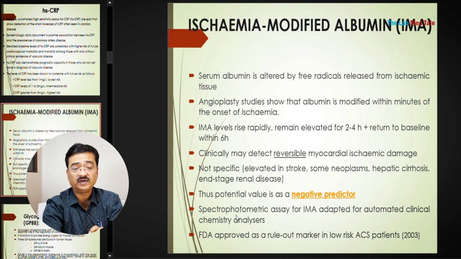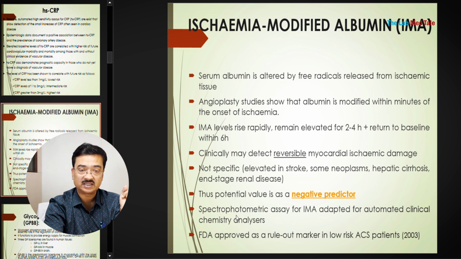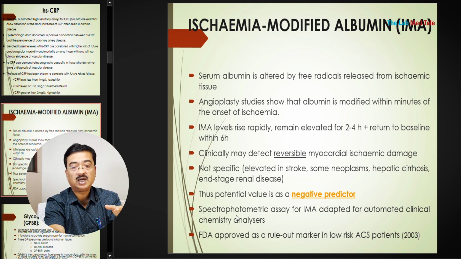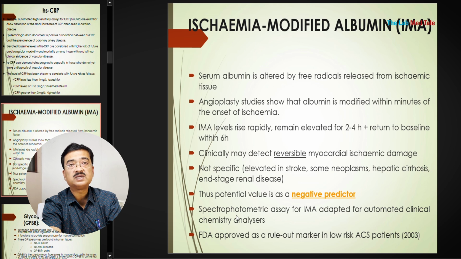The one that has come up very recently is ischemia modified albumin. Whenever an ischemic injury has happened, free radicals attack albumin and alter it. So with the advent of ischemic tissue free radicals, ischemia modified albumin develops, which rises very rapidly within 2 to 4 hours of the ischemia and returns to baseline by 6 hours.